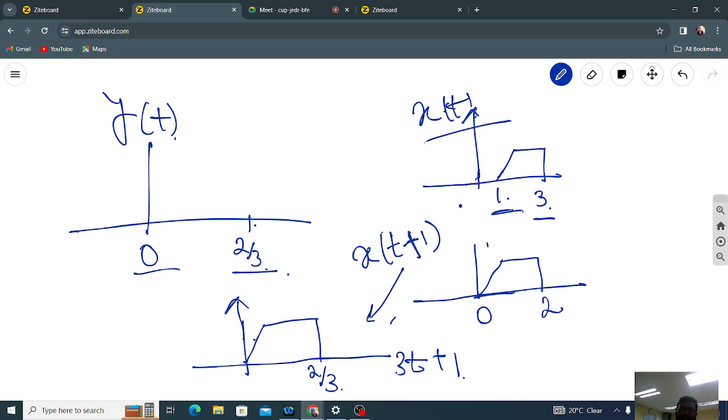This signal is x of 3t plus 1. So this is actually identical to the signal y of t.